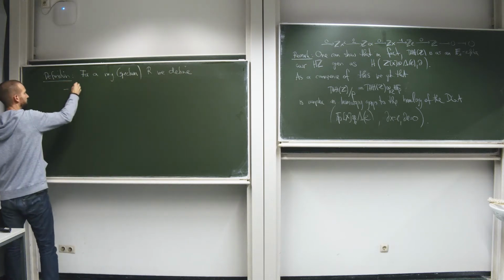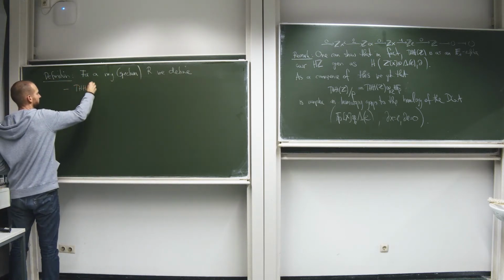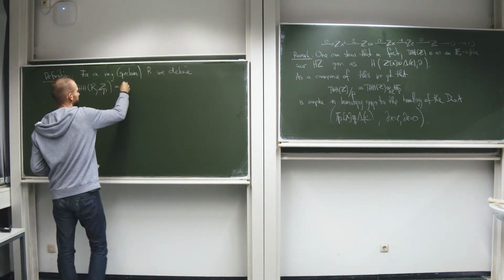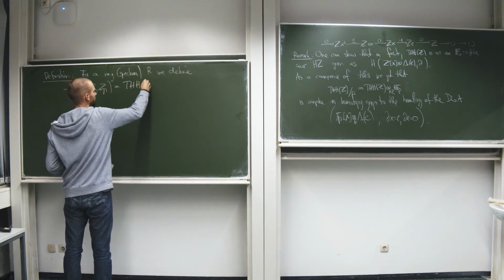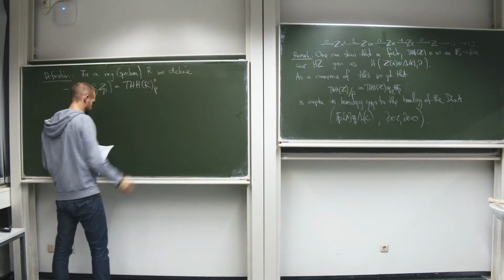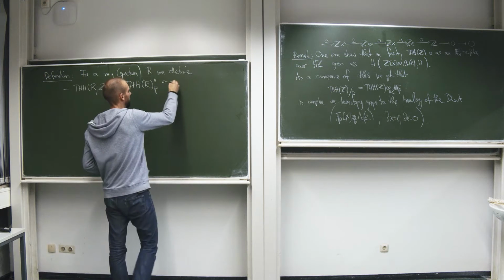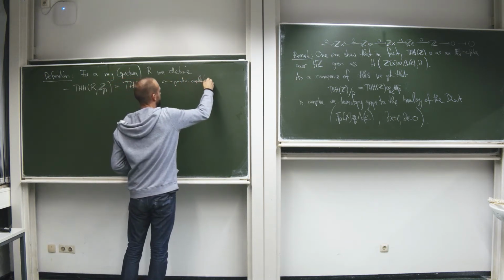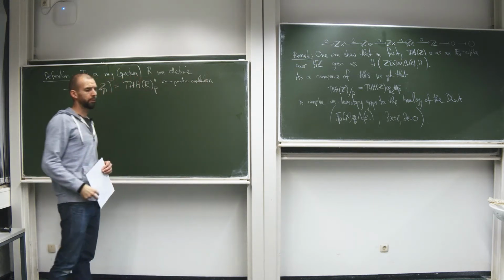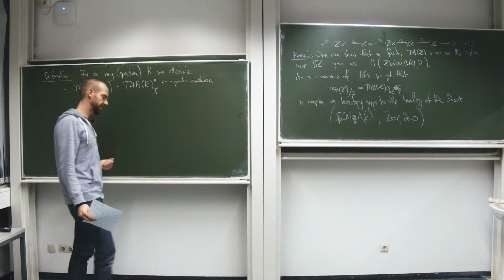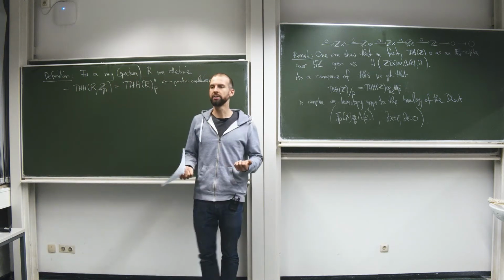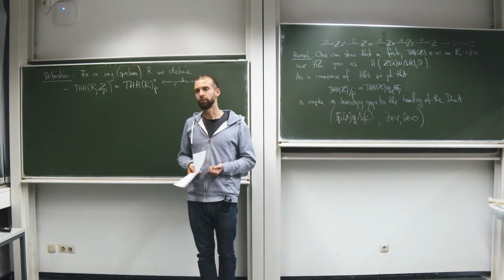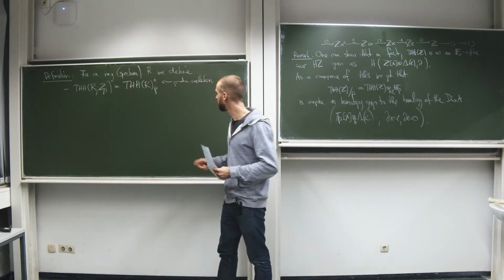the first thing we want to define: THH of R with Zp coefficients. By that we just mean the p-adic completion of THH of R. If you don't know what the p-adic completion of a spectrum is, I have recorded a companion video in which I explain the notion of p-adic completion, which you can find in our theories on higher algebra.